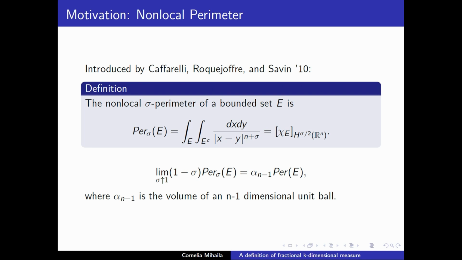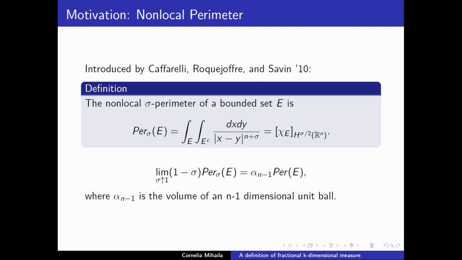This could be related, if you've seen fractional Sobolev spaces, to the norm of the characteristic function of E. The thing I need you to remember for the sake of this talk is that it's all about integrating and caring about points where one is inside the set and one is outside of the set.